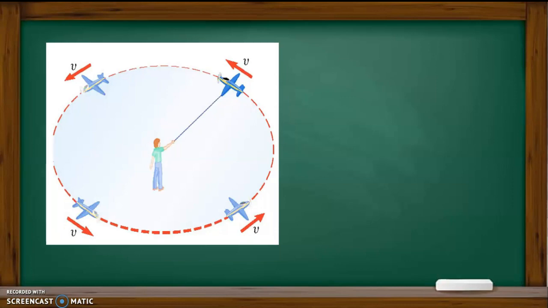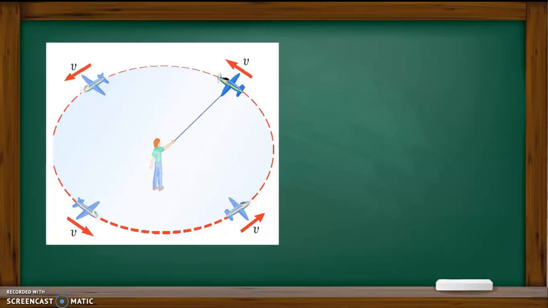Why? As you can see in this diagram, the direction of the velocity vector changes as the plane moves around the circle. A change in the direction of velocity means a change in velocity. The velocity vector is tangent to the circle at every instant because the plane's displacement is tangent to the circle during the very small interval of time.